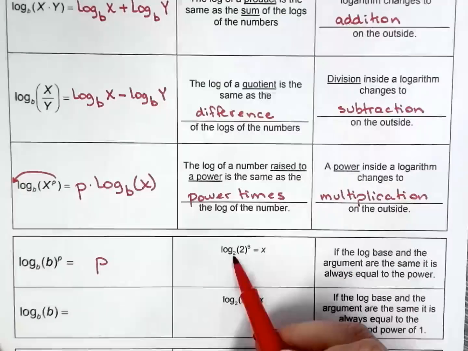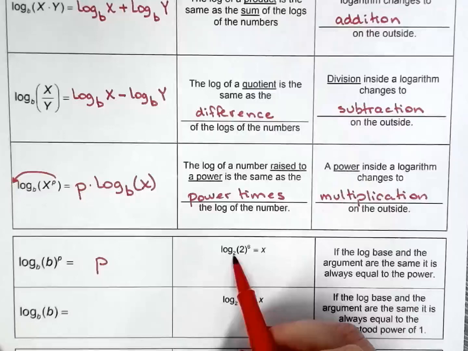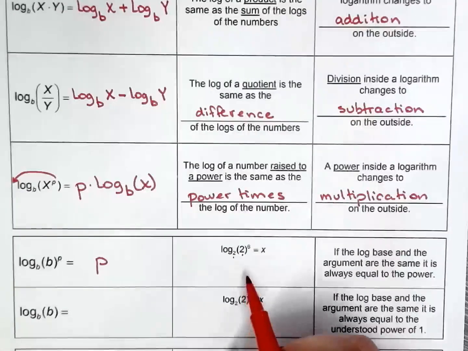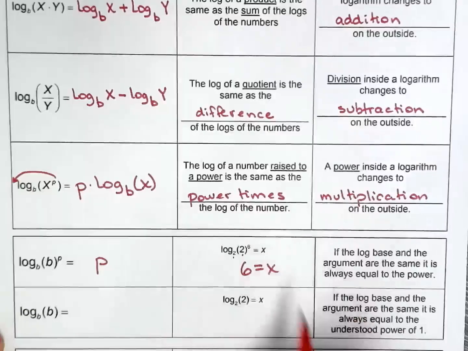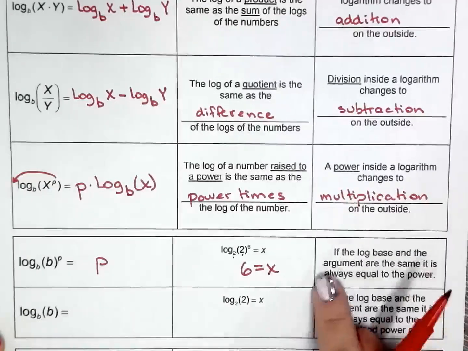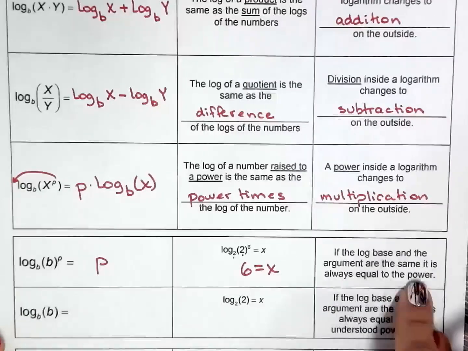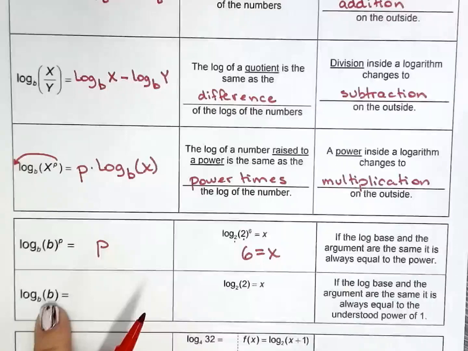So log base 2 of 2 to the 6th power equals what? When the base is the same as the argument, then your answer is just the exponent. So x equals 6. So if the log base and the argument are the same, it is always equal to the power.